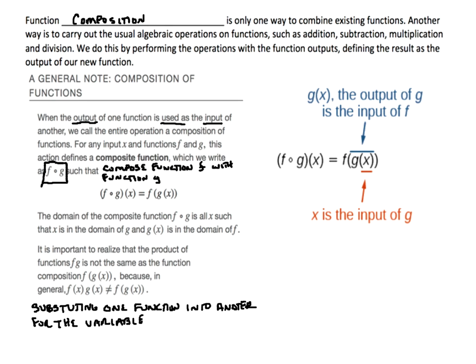Whatever is listed first, so in this case is function F, and let me color code this. Function F is listed first. Function F, since it's listed first, is considered your shell function that you're going to plug the other function into wherever you see the variable. So my shell function is always listed first.